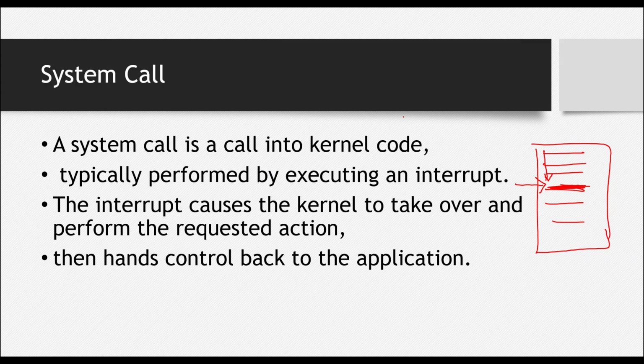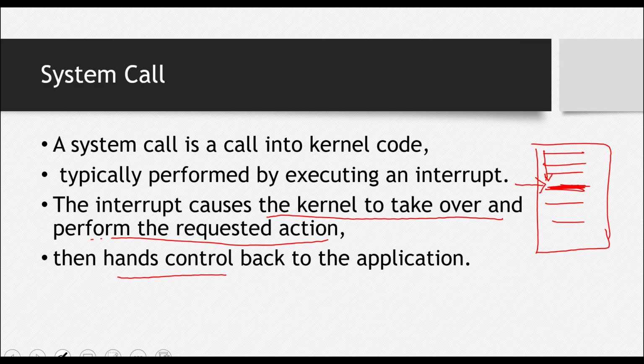Part number 3: the interrupt that has been caused will cause the kernel to take over and perform the requested action. For example, you performed a system call asking the kernel to give you the screen or some resource. So the kernel will take over and perform that requested action, and then in the 4th part, it will hand control back to the application.